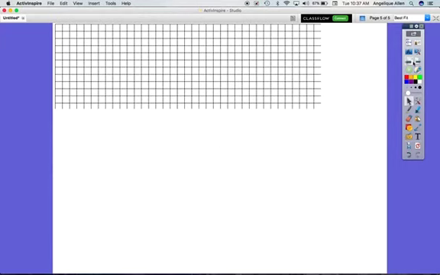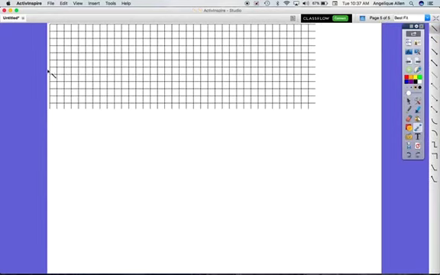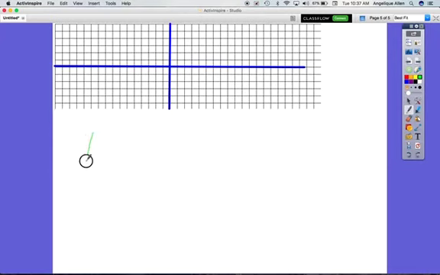Okay, and I'm going to do my axes. And there, okay. So the curve I would like to do this time is y equals negative 3 tangent of (1/2 x minus pi over 2).